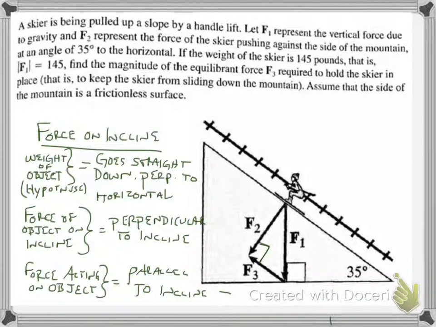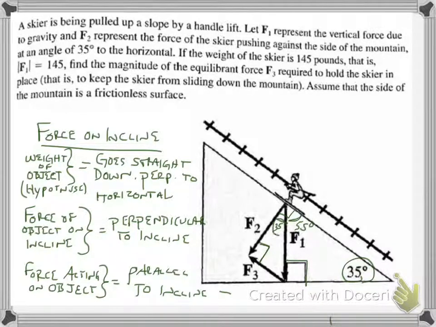It tells me that this is 35 degrees, which means this angle here, because this is a 90-degree angle, is supplementary with that 35 degrees, so it's 55 degrees. But this angle here is supplementary with that 55, so that one is 35, because this is a right angle.